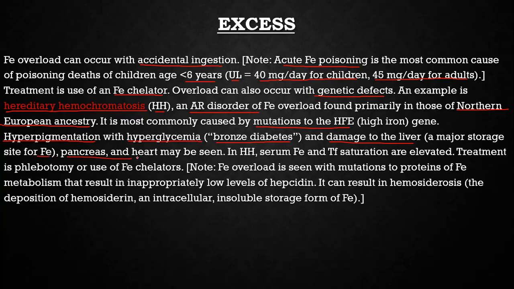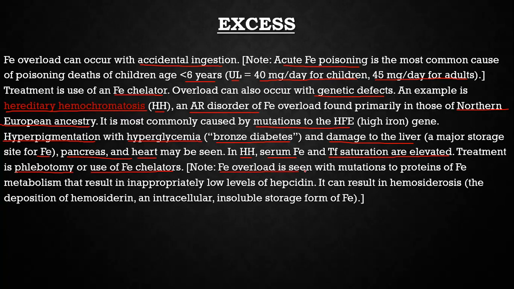The pancreas will be destroyed, the heart may be destroyed, and in hereditary hemochromatosis, the serum iron and the transferrin saturation are usually elevated. So instead of 33% transferrin saturation, you may find it is 50%, and you will know that there are elevated levels of iron in the body. Treatment is by phlebotomy. You can remove blood, and also, so as to reduce the concentration, you can use iron chelators.